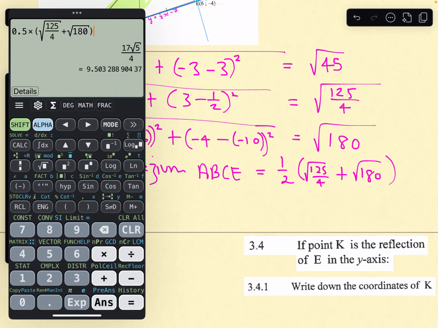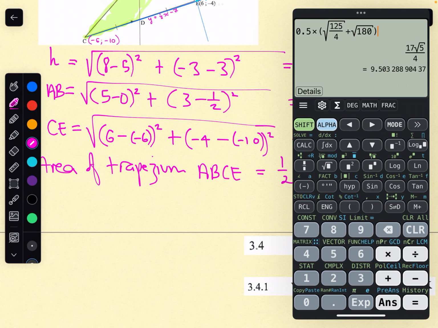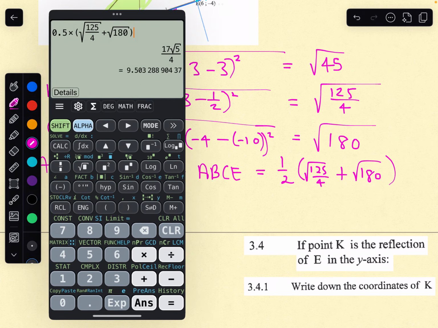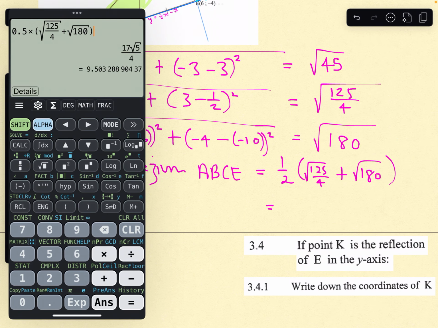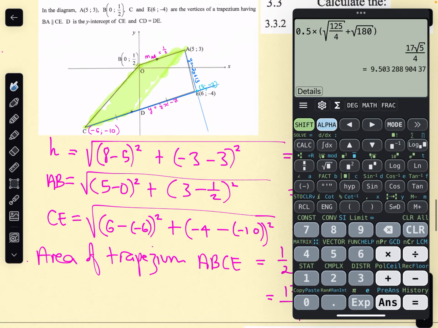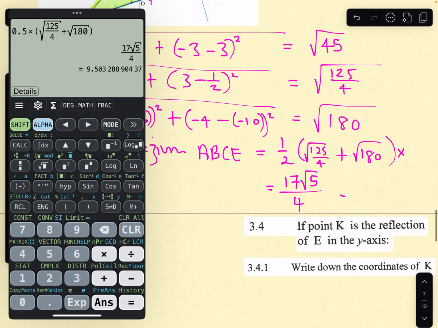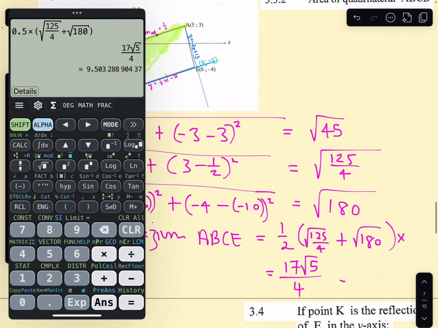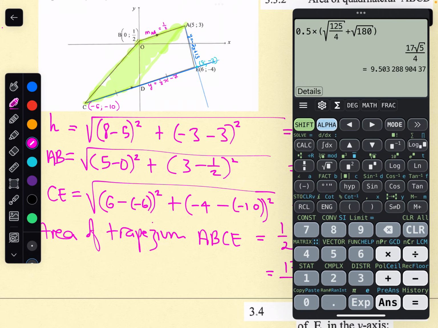Okay, so it is 17 root 5 over 4. Okay, so that's the area of the trapezium. Oh no, I forgot to times by the perpendicular height. Oh, the perpendicular height was, oh my gosh, this thing is just going to keep dancing around. The square root of 45. Oopsie.